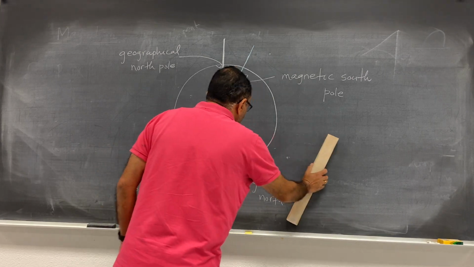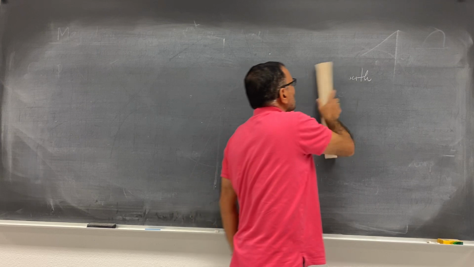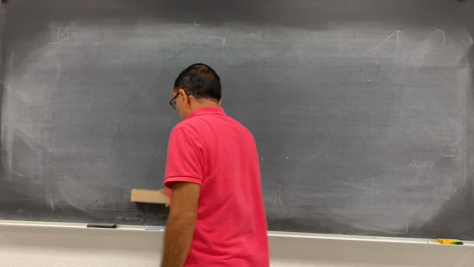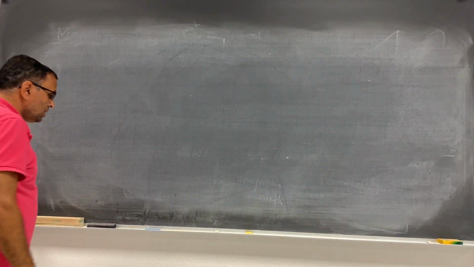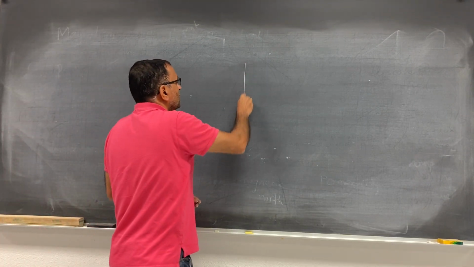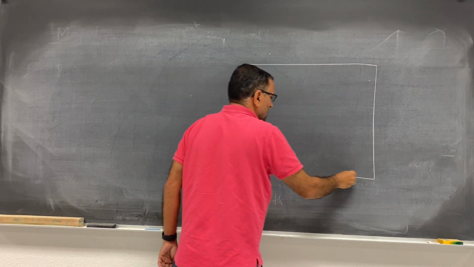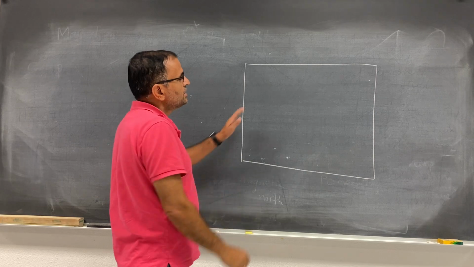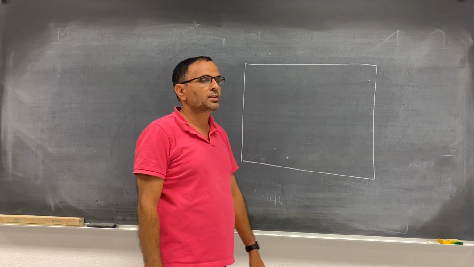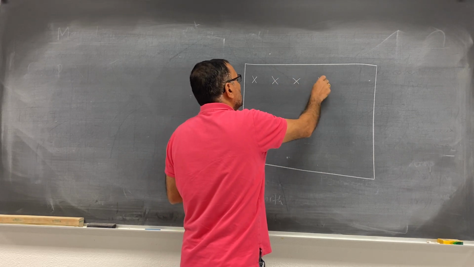Then next, if you have a magnetic field, let us suppose this is the region where you have a uniform magnetic field.